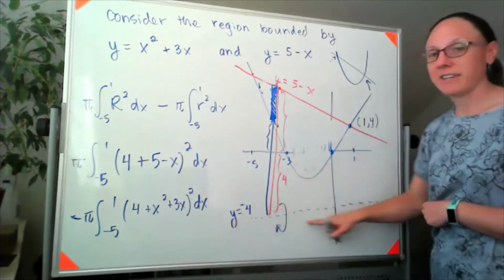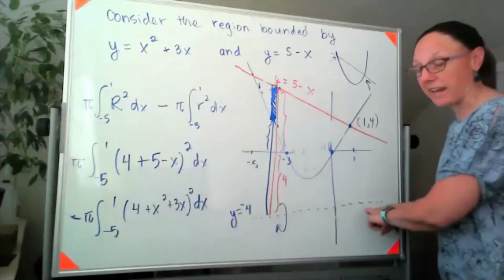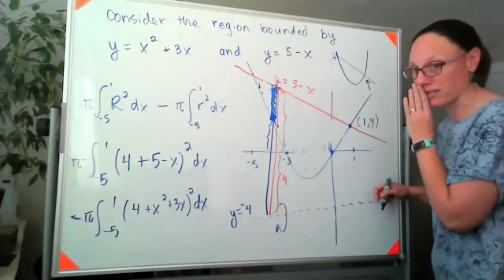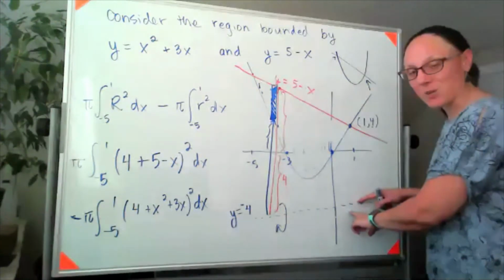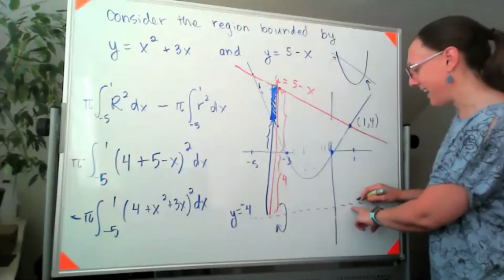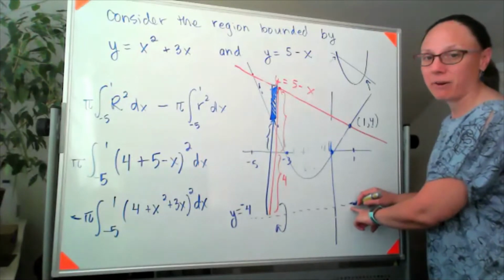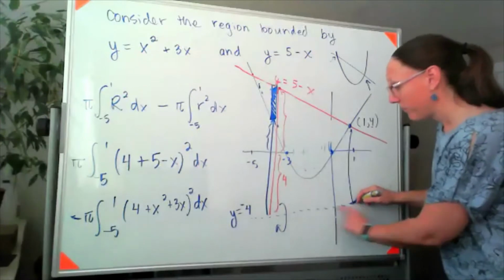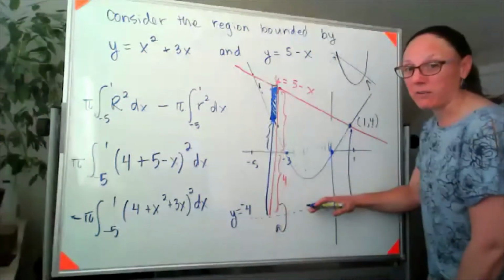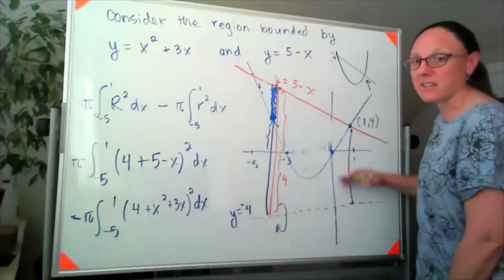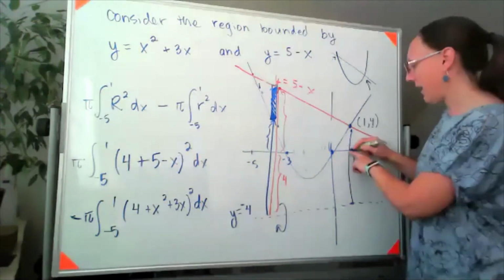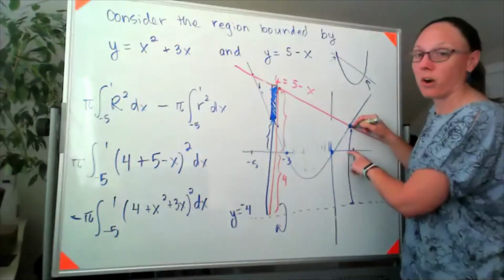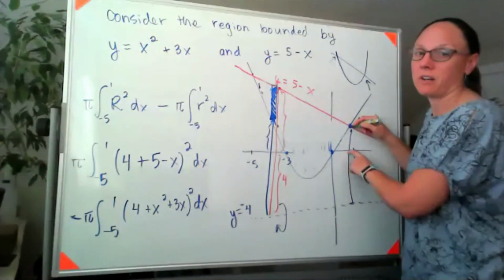But if this line down here is y equals -4, okay, not drawn to scale, then the distance from my axis of rotation up to that point, the distance from y equals -4 up to 0, is a distance of 4. And then I'd have to go 4 more to get to that intersection point.